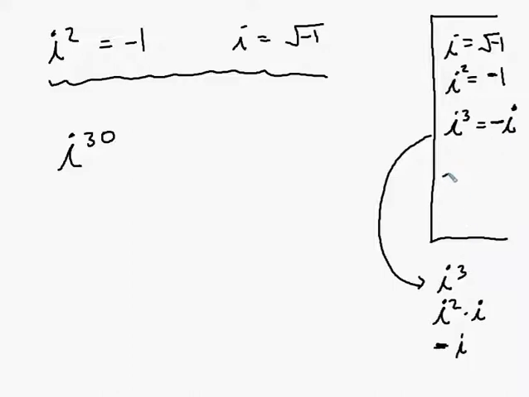The next one we need to know is i to the 4th. And you're going to have to memorize these 4. So i to the 4th, let's figure out that one. Like i to the 3rd, I can split that up into i squared and i squared.